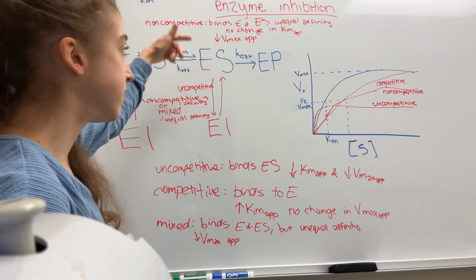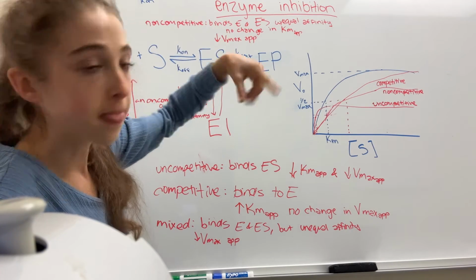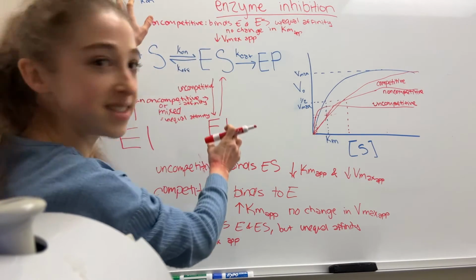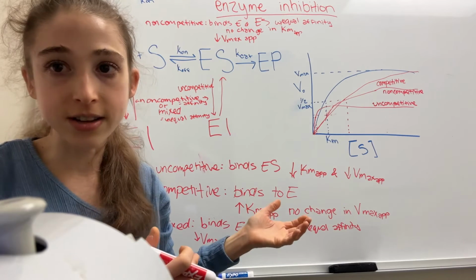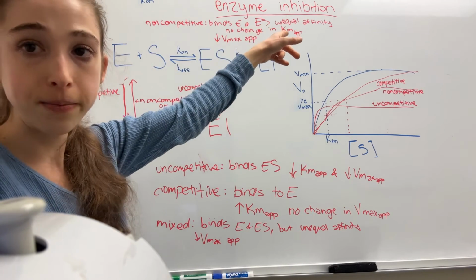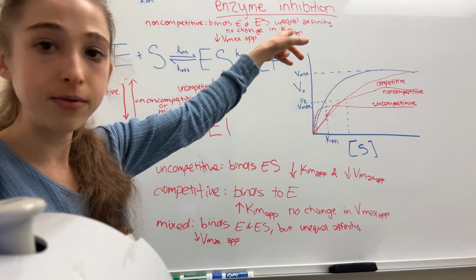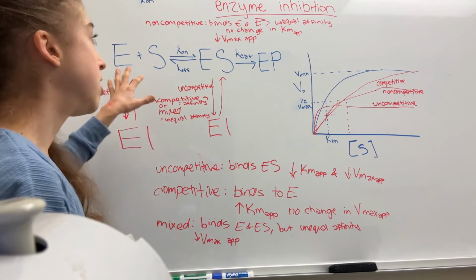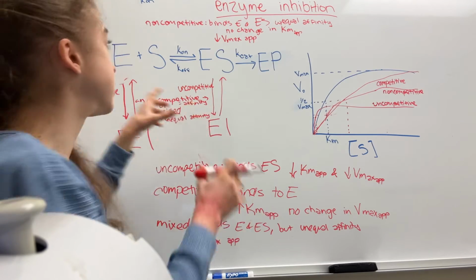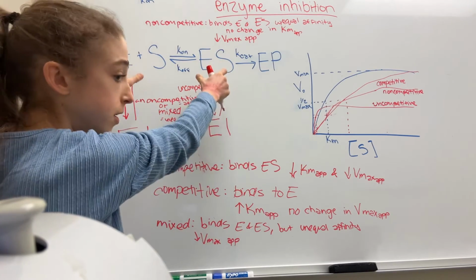With uncompetitive, it's going to decrease our Km. And so if you have it increased and decreased by the same amount, they cancel each other out, and so you're not going to see a change in your Km. And that's what we saw up here with the case of our non-competitive. But with our mixed inhibition, whether or not Km is going to go up or go down is going to depend on which of these forms it prefers.